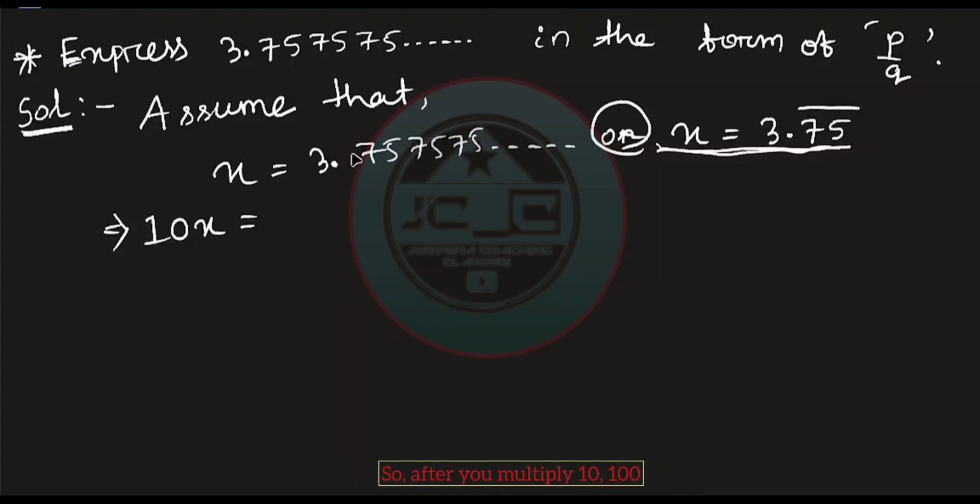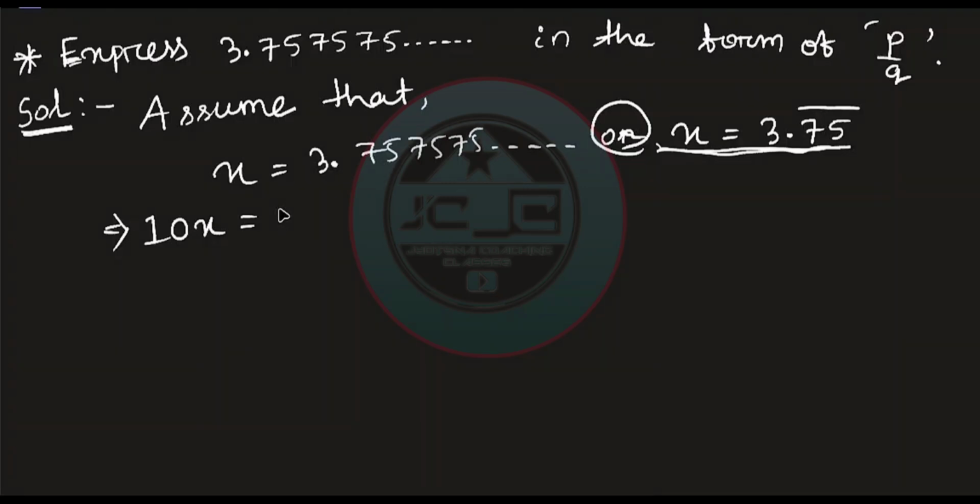So after you multiply by 10, 100, 1000, whenever you multiply such numbers with decimal expansions, the decimal point would move towards the right. How many places? As many zeros as there are in the 10 or 100 or 1000. Here there is one zero, so jump one place. So what would it become?